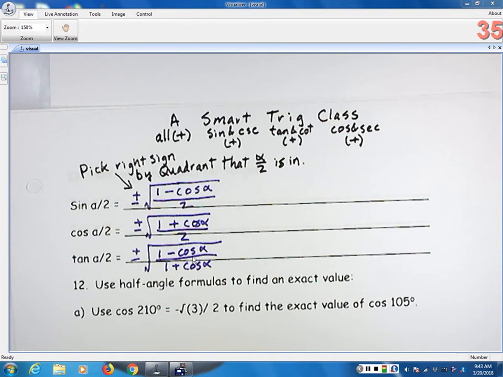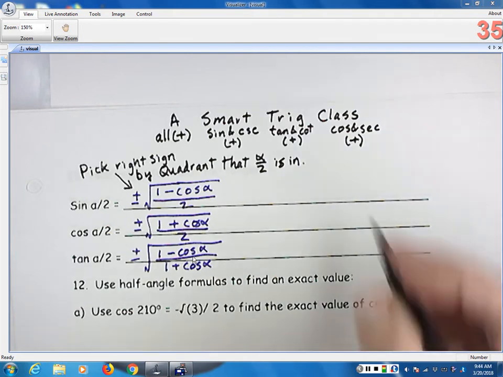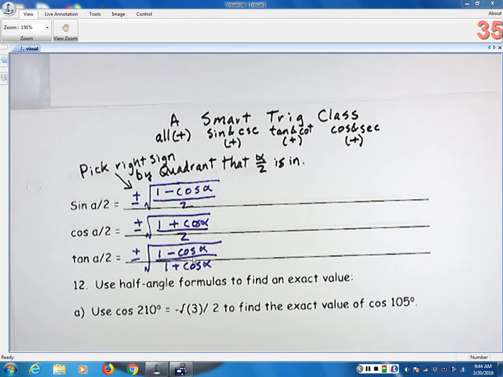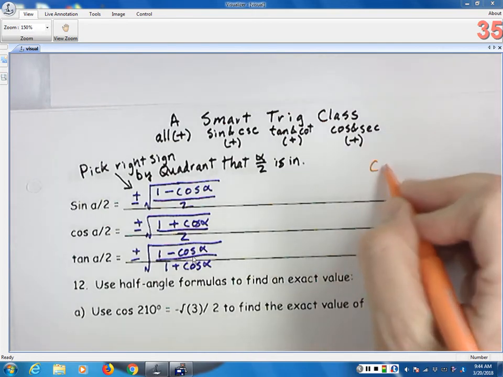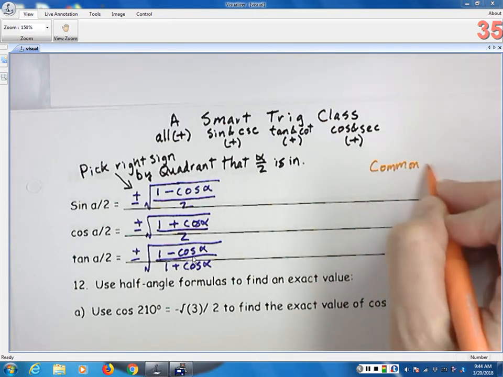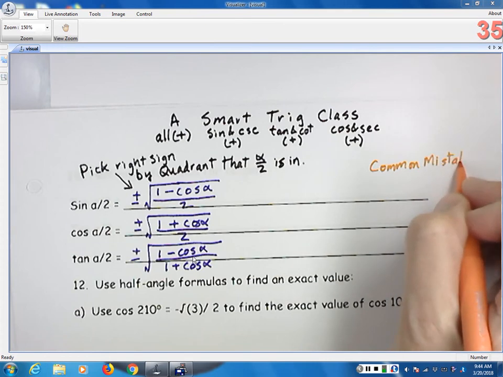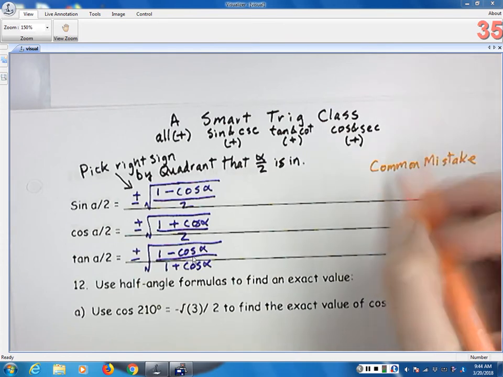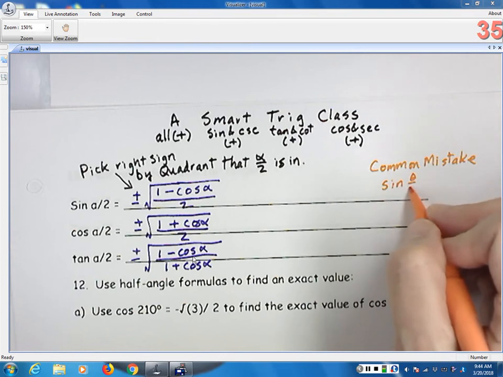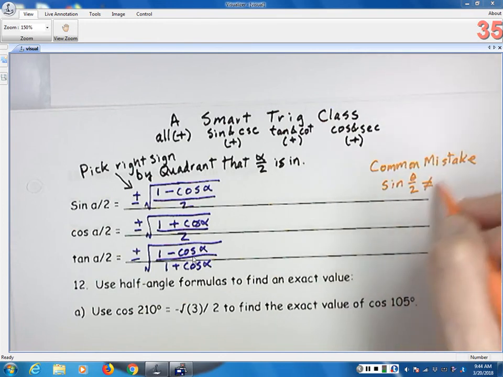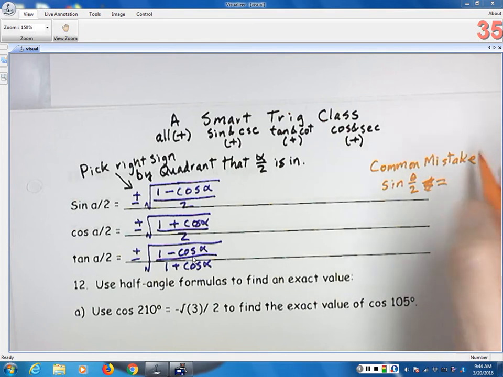We're going to now get into the application of this section. Another thing I wrote on my paper is a common mistake. This is from your book. Your book has these common mistakes. It's a very good book. A common mistake is thinking that the sine of a half angle equals half of the sine of the angle.